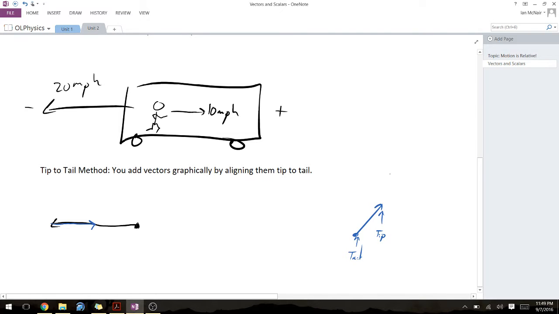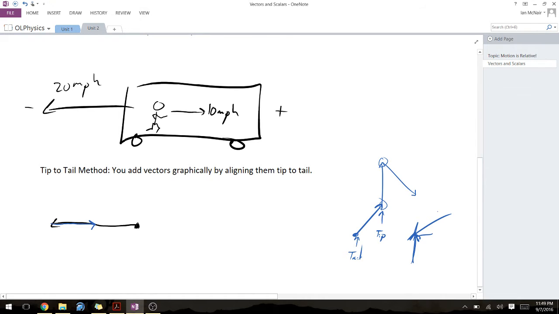If we wanted to add another vector, let's say this one goes directly upwards, right? We see that. If you want to add another one, right? So they always have to go tip to tail, tip to tail. If you had a vector and you added it like this, that's not going to work out. Let me just redo this. This one looks ugly. Make sure you're always adding them tip to tail.